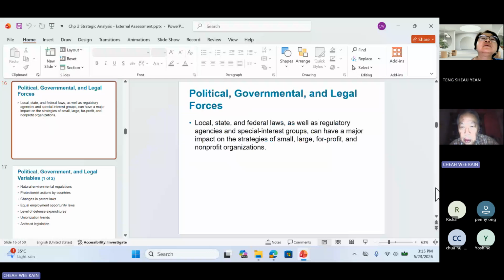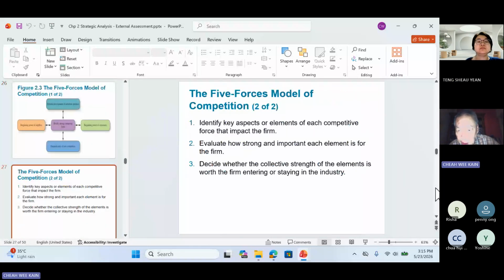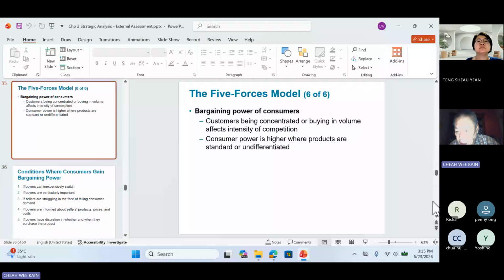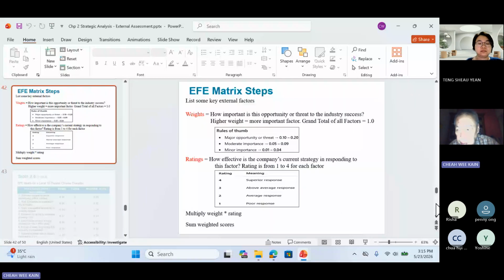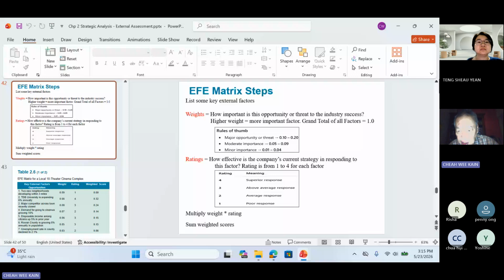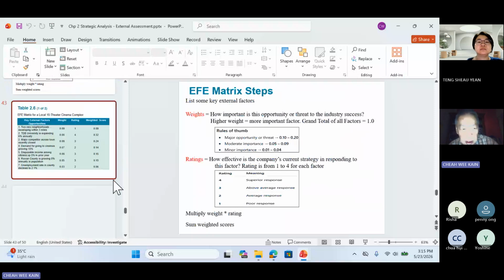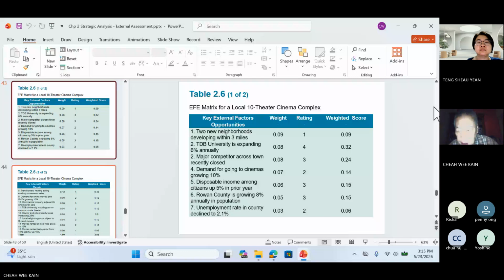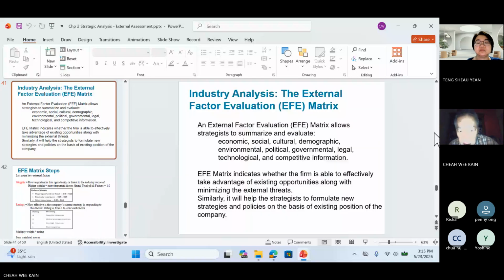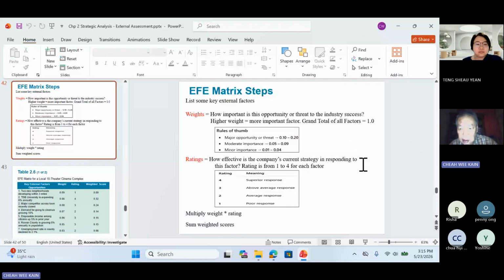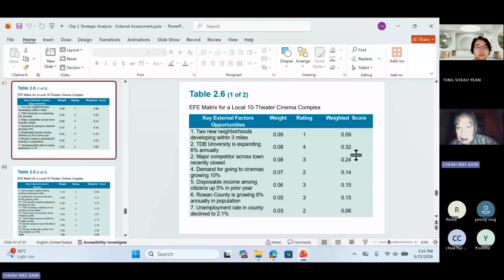In chapter 2 you have the external factor evaluation, where we put the weights, how important each factor is to your industry, and the rating, how effective your company's current strategy is in responding to this factor. So you take the highest one, maybe 0.32. That is for the opportunity.